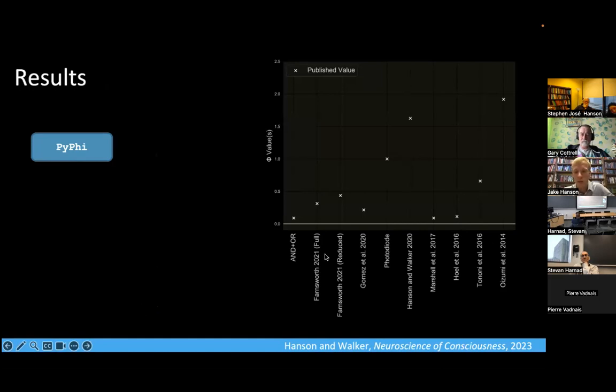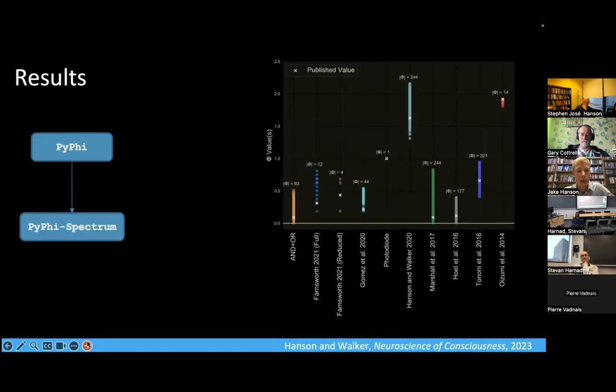So this is a corpus of 10 different systems. I basically compared the phi result, which was published, and there are narratives built around it. Whenever you have a value, the whole paper is about why this system is conscious. And I reanalyzed all those papers with this phi spectrum code, this wrapper for phi.